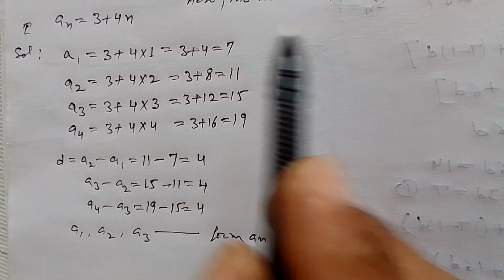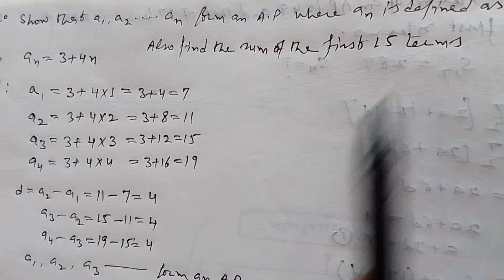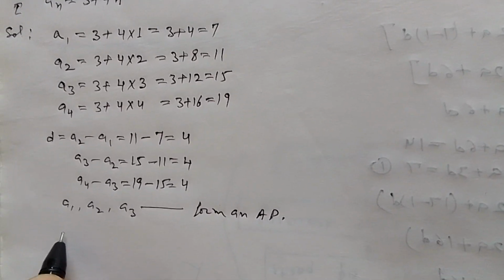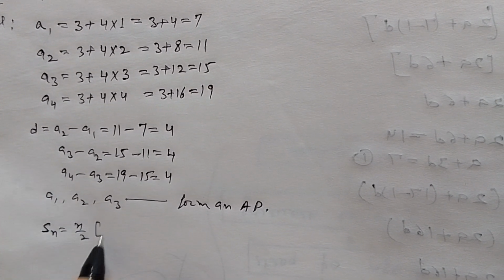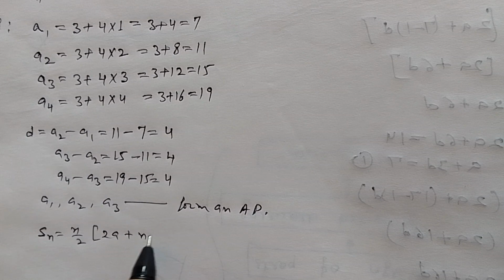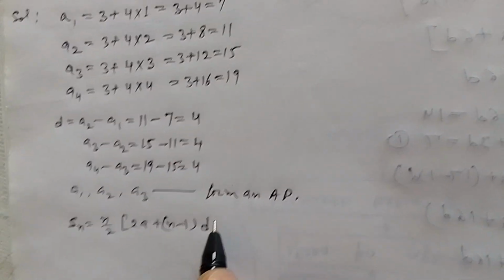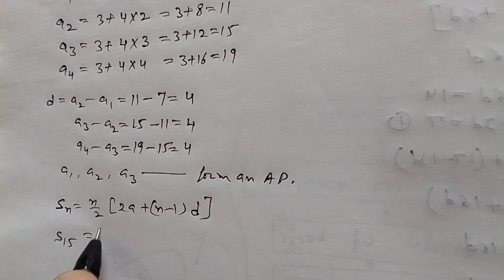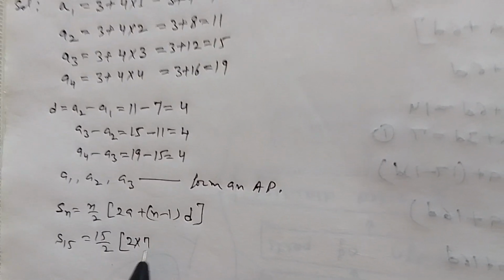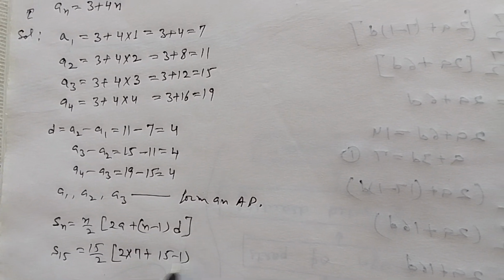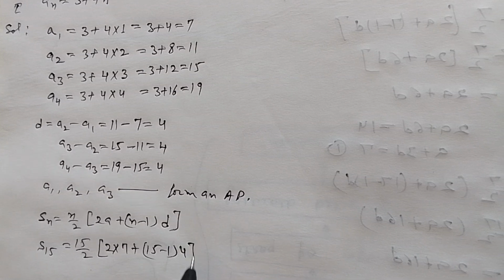Now according to the question we have to find the sum of the first 15 terms. To calculate this, the formula is Sn equals n by 2 times 2a plus n minus 1 times d. By putting in the values, we will calculate S15, that is 15 by 2 times 2 times the first term 7, plus 15 minus 1 times the common difference 4.